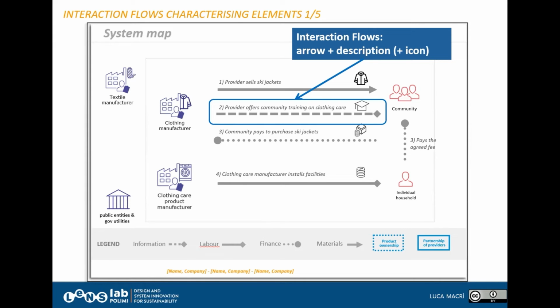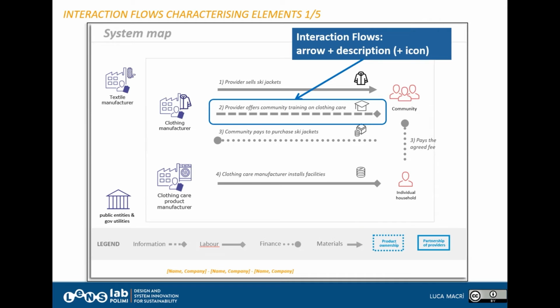Then we have financial flows, so we can map what is paid from whom to whom, and a description and an icon, and we will see that icons are also talkative. They tell us how the payment is made.